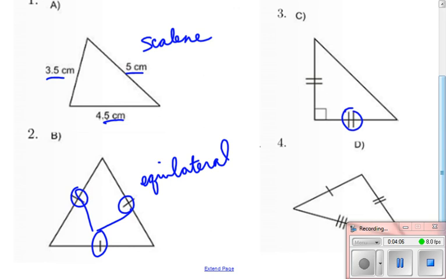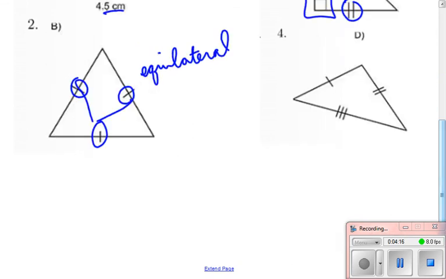C, two equal sides and a right angle. This is a right isosceles triangle. And our last example down here has three different hash marks, and so this is scalene. So a nice little review of our kinds of triangles.